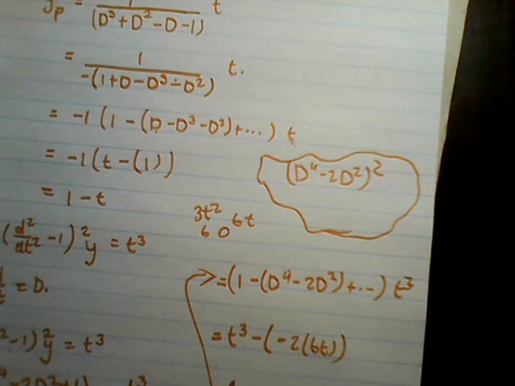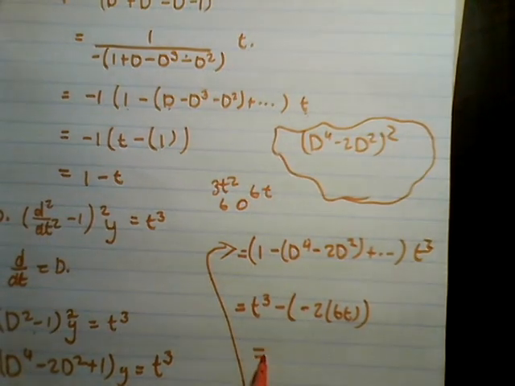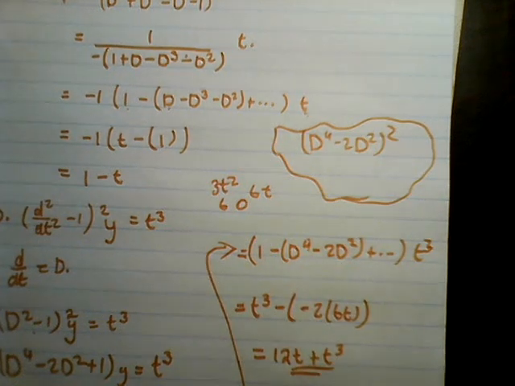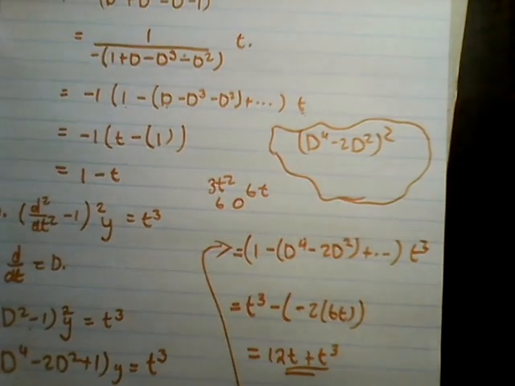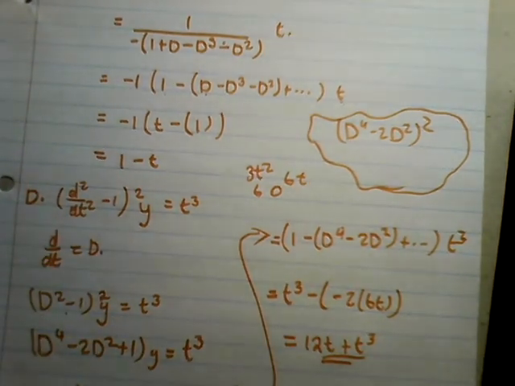Now our solution becomes 12t plus t cubed, which is the particular solution of question D of tutorial 15.